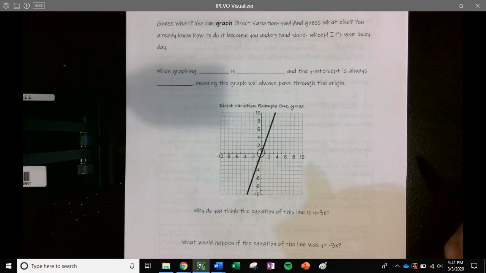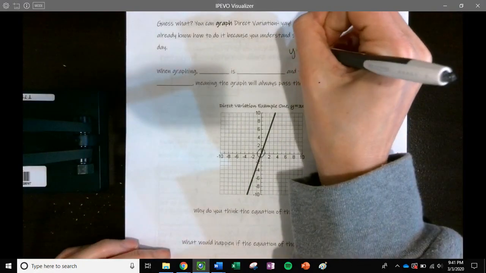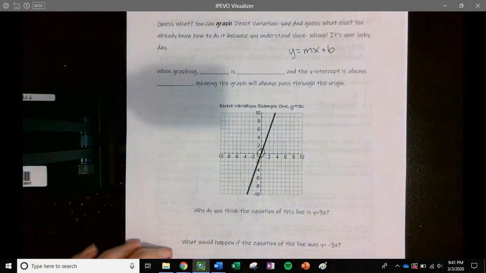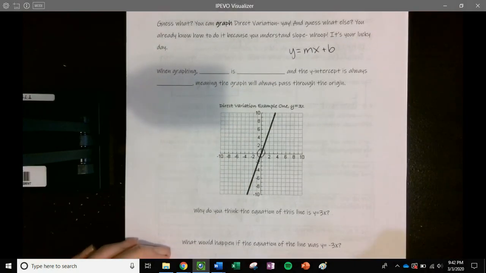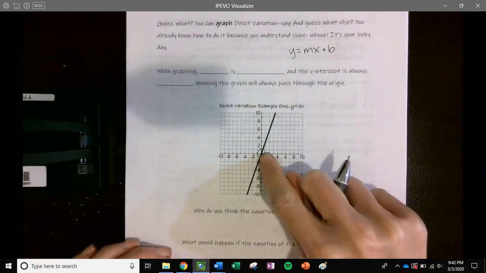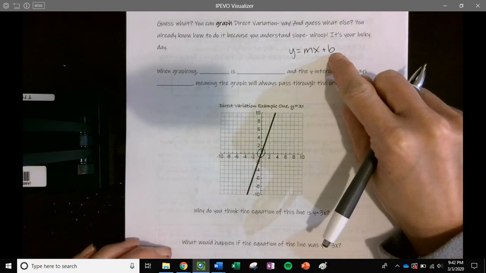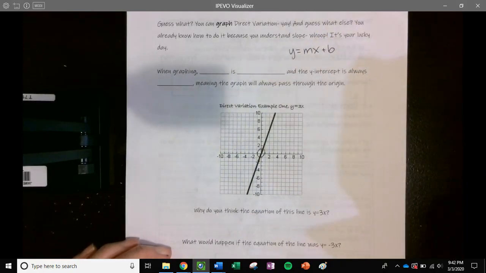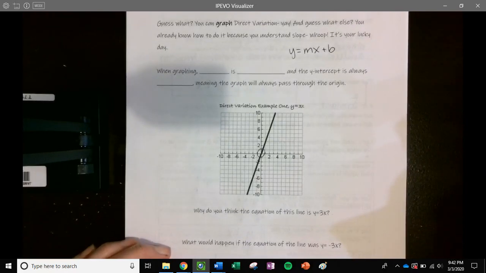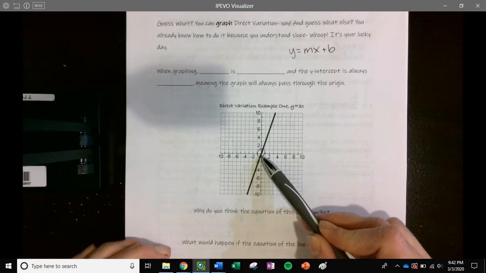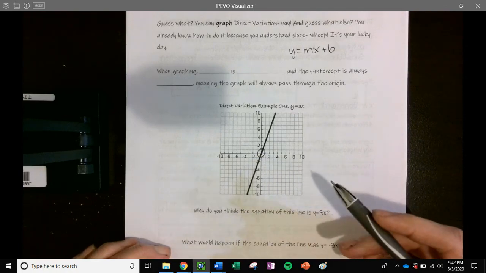When graphing, remember, y equals mx plus b is our slope-intercept format for a line. And if we know that the y-intercept, which is what b stands for, is 0, then we always leave it off. We don't write it, because why waste time and energy writing a 0? And we know in direct variation, the y-intercept will always be 0.